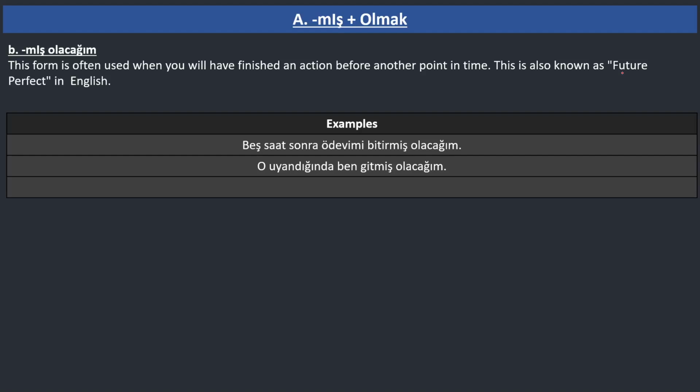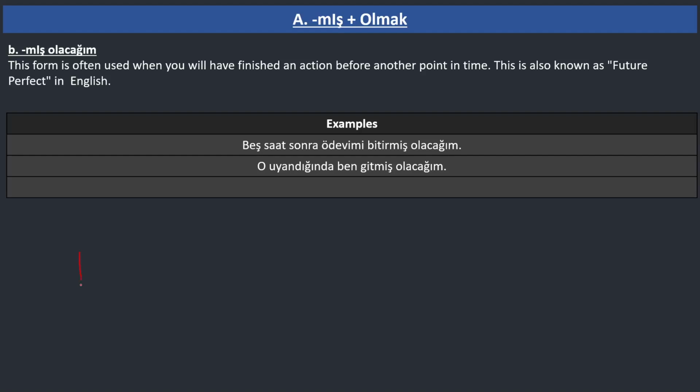Like the example says, 5 saat sonra ödevimi bitirmiş olacağım. Very straightforward. In 5 hours, I will have completed my homework. So this means I will have already finished my homework 5 hours later.